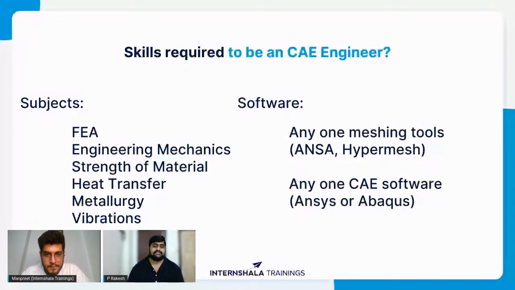For analysis, around 70% of industries use Ansys, and the rest use Abaqus, HyperWorks and other kinds of CAE software. You can directly Google it. Ansys is one of the most widely used analysis software. So you need to learn any one CAE software and any one meshing tool.